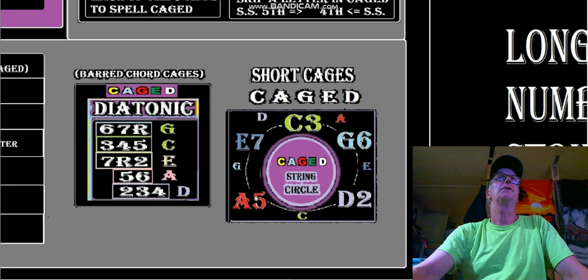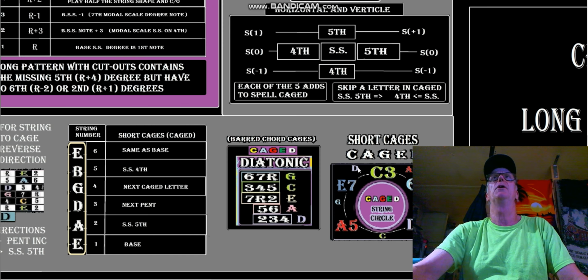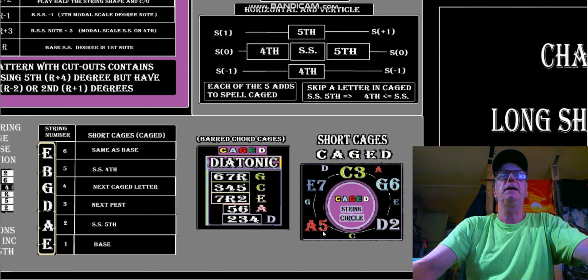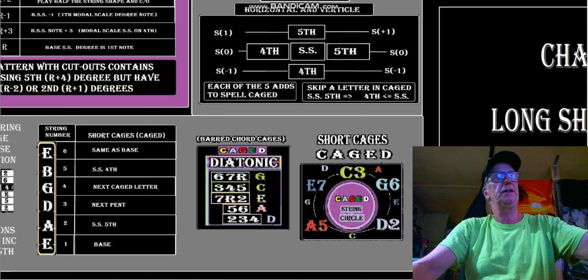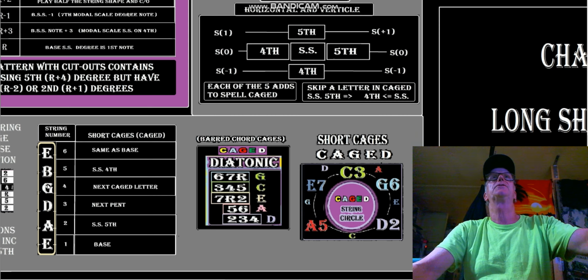All right, so this may or may not work with the small pattern. So what we have to do is we go to the next pentatonic. In the 3rd string, next pentatonic would be C to D, right? C, D, E, G, A, pentatonic scale. C goes to D. That's next pentatonic on the 3rd string. 4th string is going to be next CAGED.